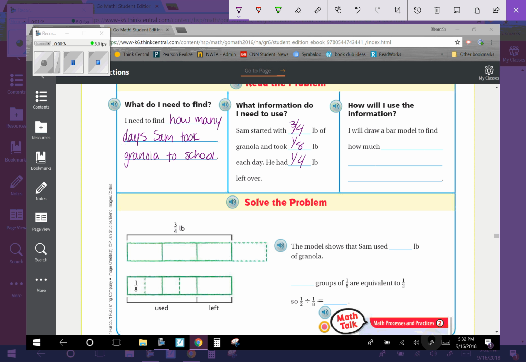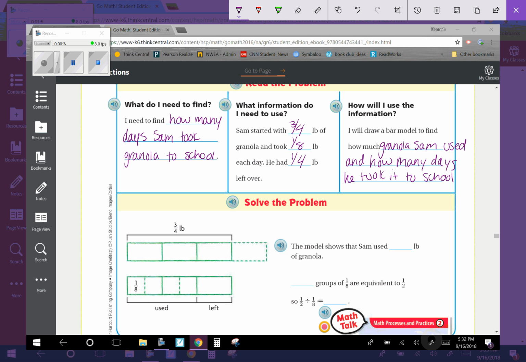So how will I use the information? I will draw a bar model to find how much granola Sam used and how many days he took it to school.